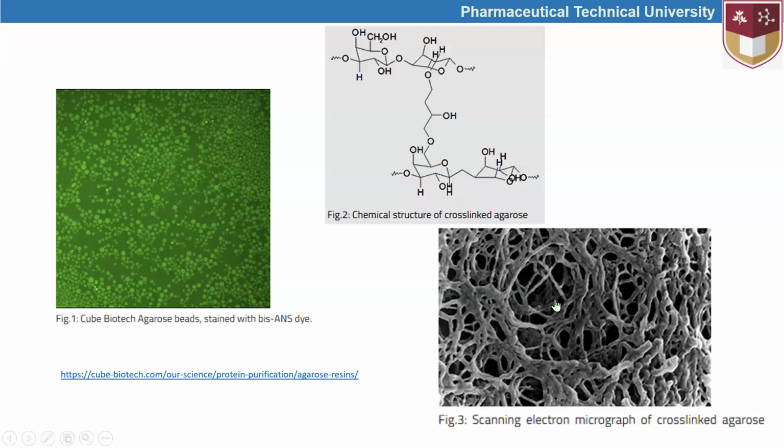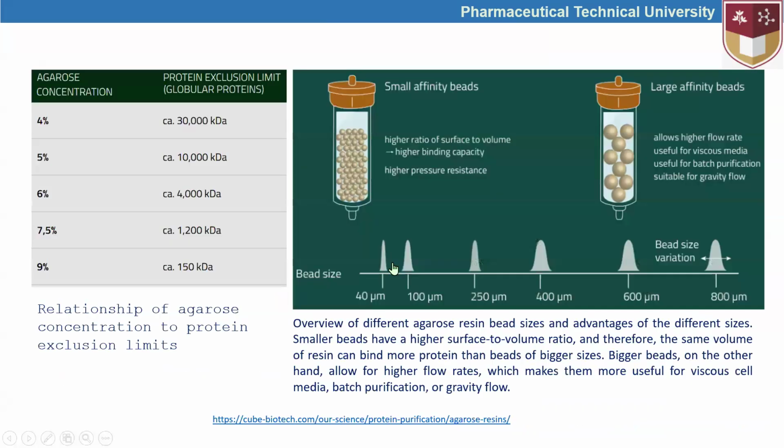And if the agarose is found to be affine to some polymers, like, for example, lectin, it can be used as an affinity chromatography sorbent as well. And based on the size resulting from the different levels of cross-linking, again, it can be used for size exclusion chromatography as well.